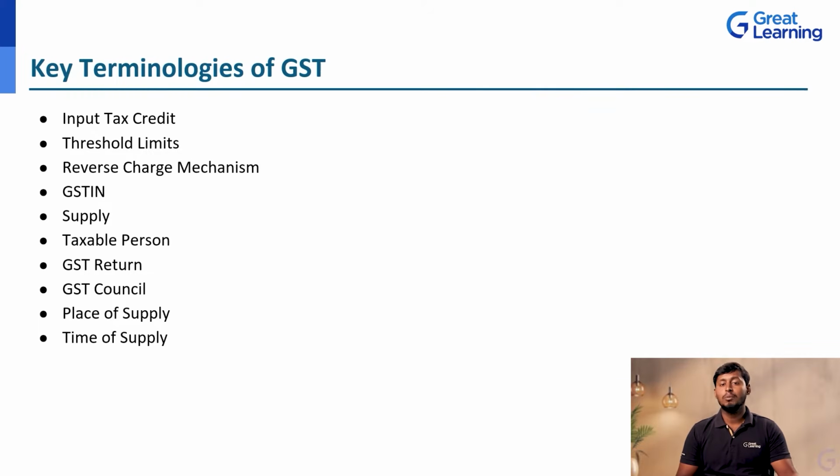Next, the threshold limits. Usually the GST Council members are going to give these threshold limits overall for all organizations or industries. But based on your industry, or whatever products and services you are going to produce, we have different GST rates and different threshold limits.